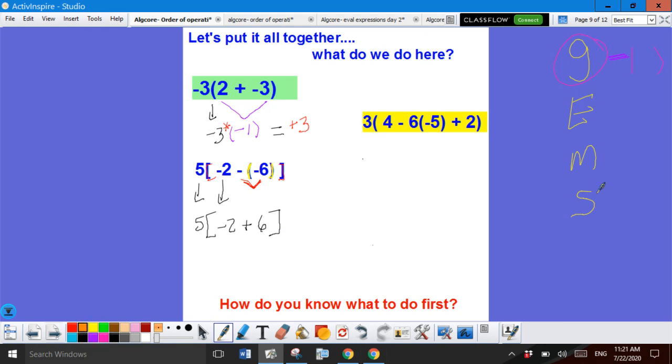Now I go back. Do I have more grouping symbols? Yes, I do. This is where I'm going to go next. So negative 2 plus 6 gives me a positive 4. Now I have the positive 5 that's going to drop.